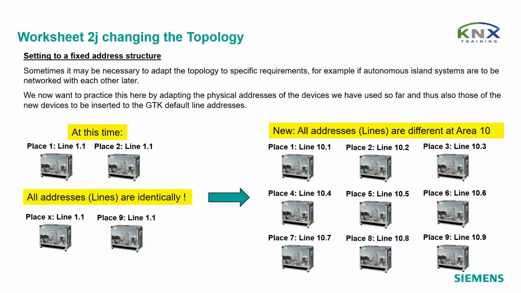We now want to practice this here by adapting the physical addresses of the devices we have used so far, and thus also those of the new devices to be inserted, to the Gamma Training Kit default line addresses. The present situation is, at this time, all training kits are operated on the same line 1.1. The new situation will be all addresses are different and they are in area 10.